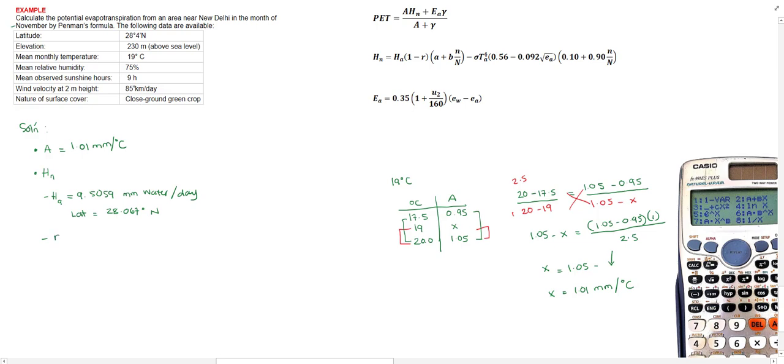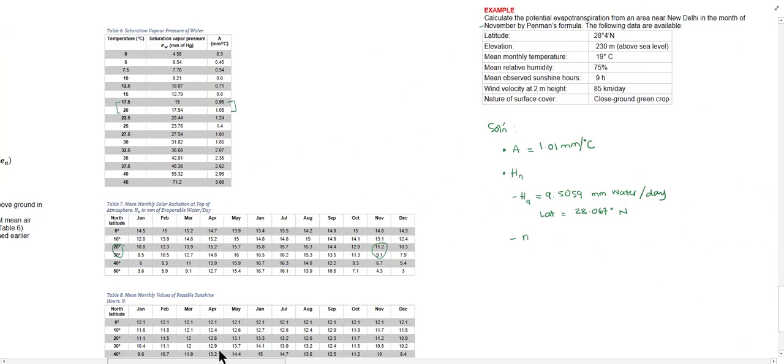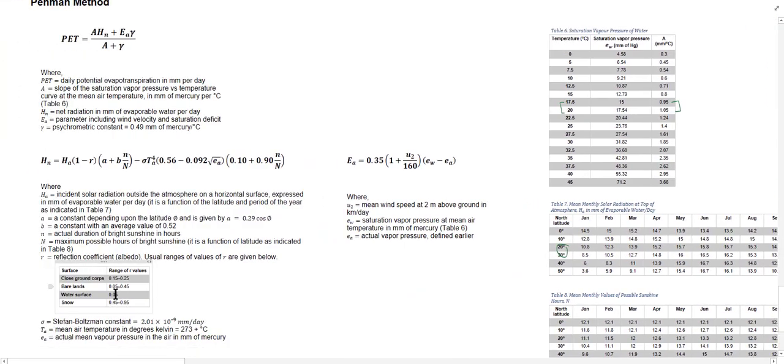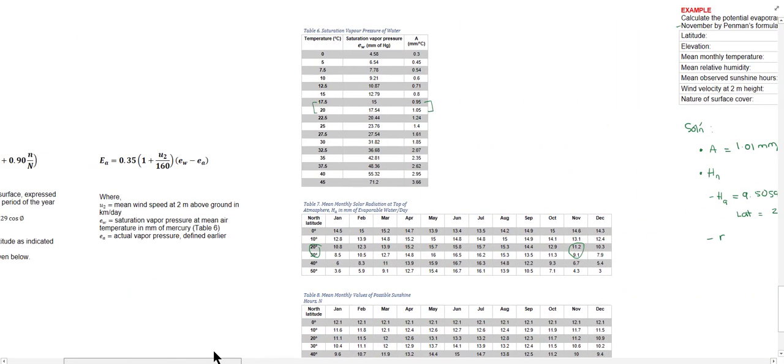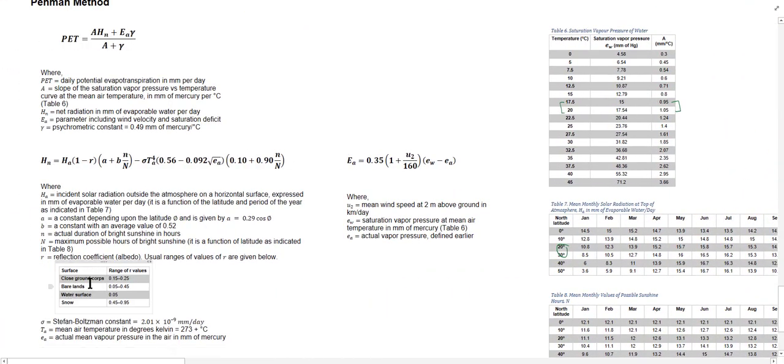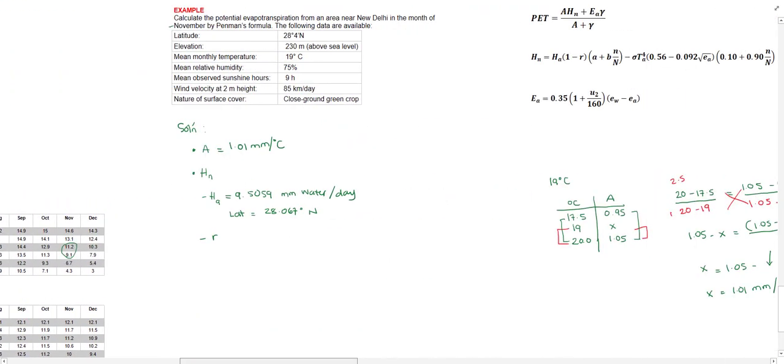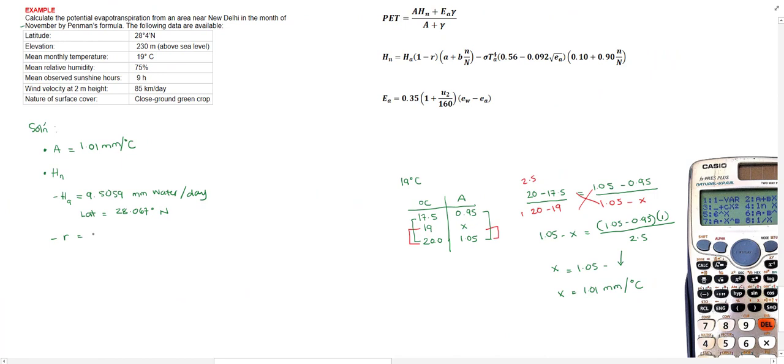Our R, this can be taken from this table. Sa atong given is close ground green crop. So, gamito na to kaning first. Sige, 0.25, atong R is equal to 0.25.